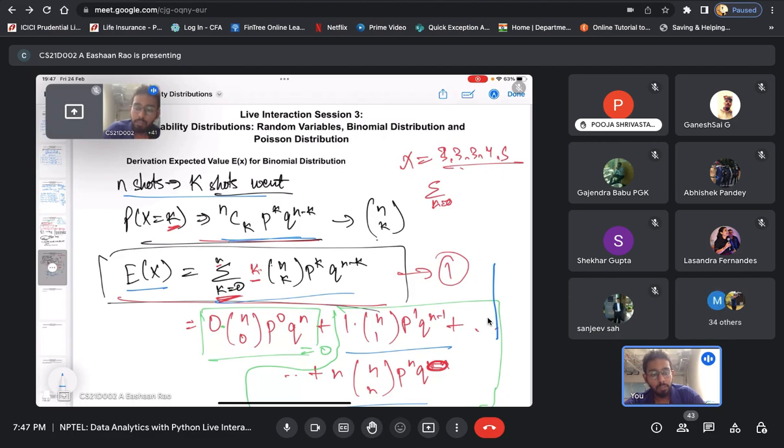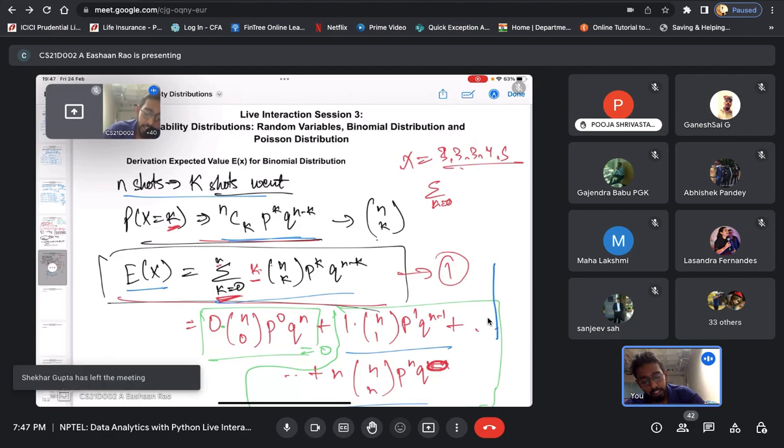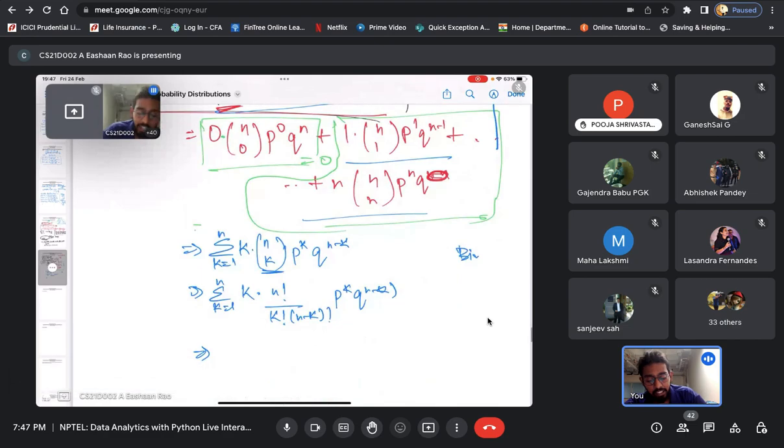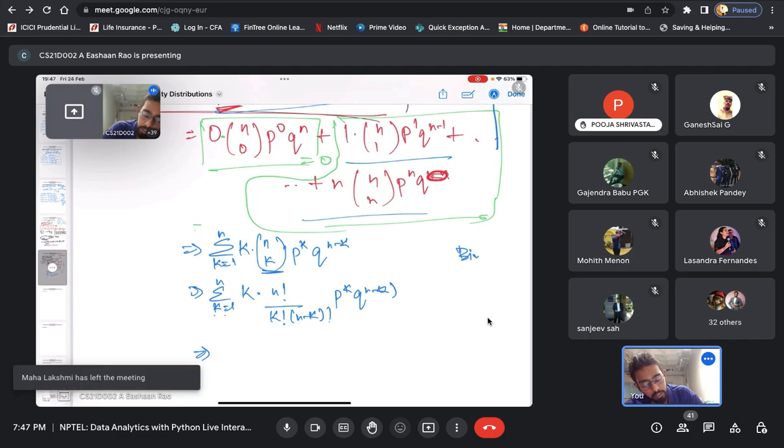We sum all the particular values in the population and divide. Same thing I have done here, and now I am expanding it. So we reach a point where we are starting from k equal to 1, summation k equal to 1 to n, k into n factorial, nCk, and the remaining probability value p raised to k and q raised to n minus k.